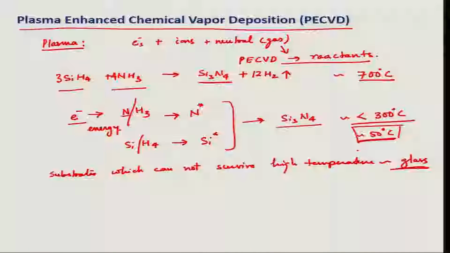Also remember that in order to do this reaction at 700 degree C, you have to heat your substrate or your surface where you want to deposit.